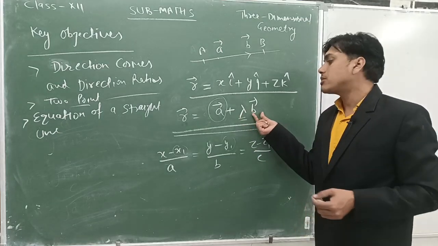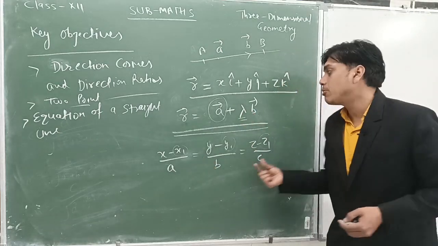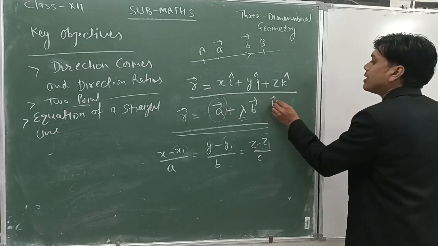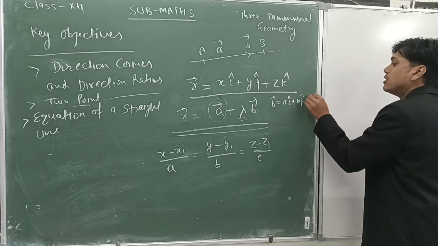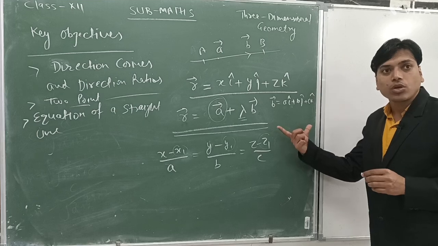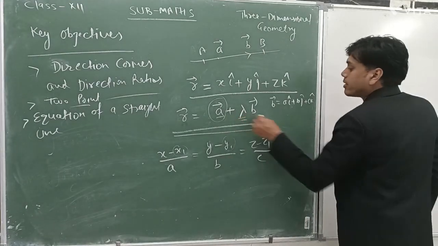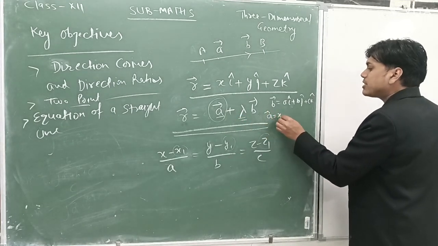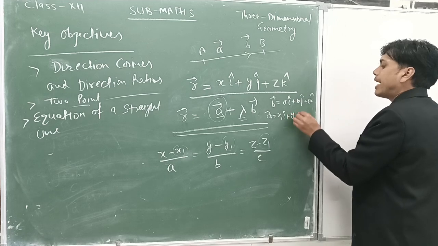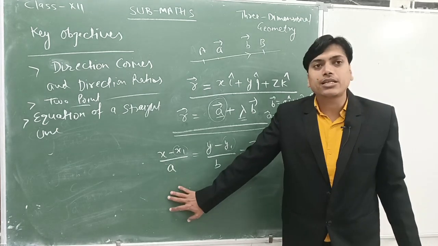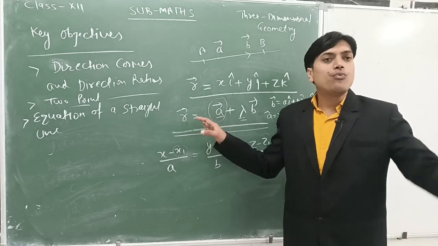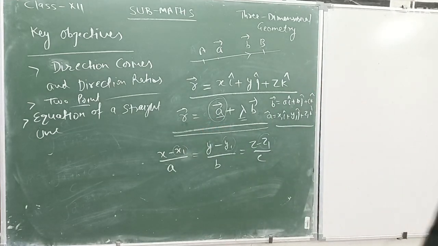Similarly, vector b is the direction vector, so these are the direction ratios a, b, c. So vector b is equal to ai plus bj plus ck, and vector a is the position vector of any point on the line. Fine. So this is the Cartesian equation of the line and this is the vector equation of the line.